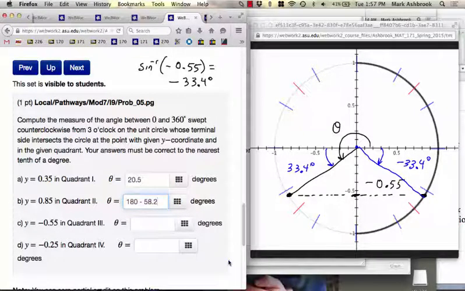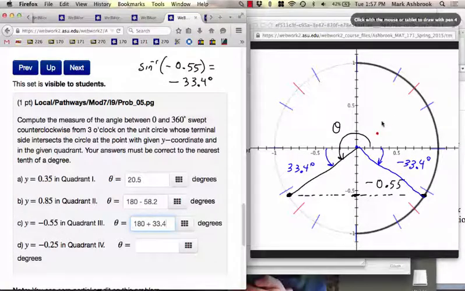Anyone see it a different way? That's valid. So 180 plus 33.4. Anybody, so you agree with that?